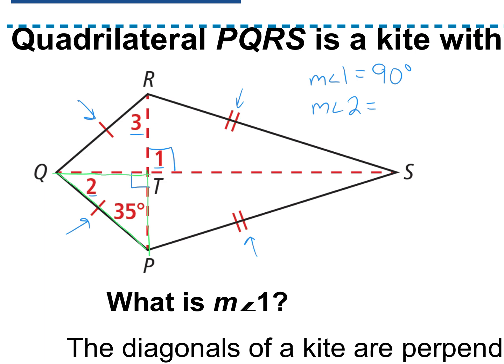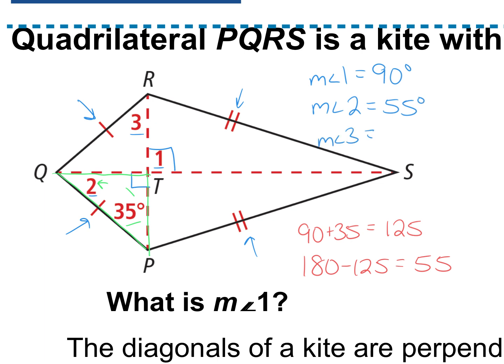Do we know pretty much everything about triangles? Yes, so we want to use those to our advantage. If I know two angles, how do I find the missing one? I add what I have, which is 90 plus 35, which equals 125. What do I do with that 125? 180 minus 125 gives you 55. So that is our measure of angle 2.